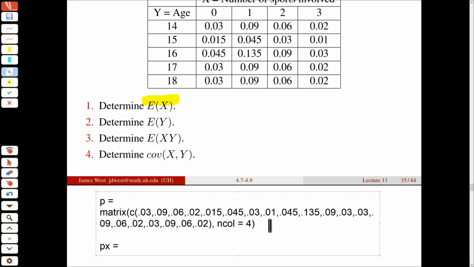And to do this, I'm going to use a weird function called apply. To matrix P, I apply, is it 1 or 2 here? Let's see, X is the column, so I want to add along the columns. Two.